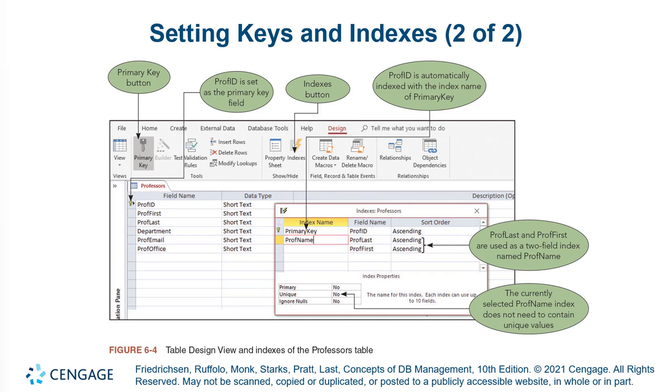So that unique attribute is going to be set to no. But we're sorting it in ascending order on both the last name and the first name. Last name first, and then if there's duplicates on the last name, then the first name will be sorted alphabetically.